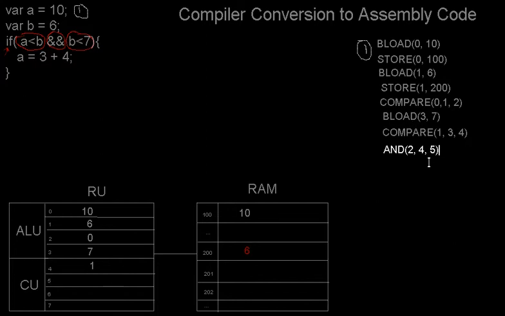I'm choosing these arbitrarily. Compiler design would optimize which way these would go. So we're taking 2 and 4, we'd fire those up to the ALU. 0 and 1 would give us a result of 0, so true and false is false. And this is stored in 5, so we store another 0 over here.